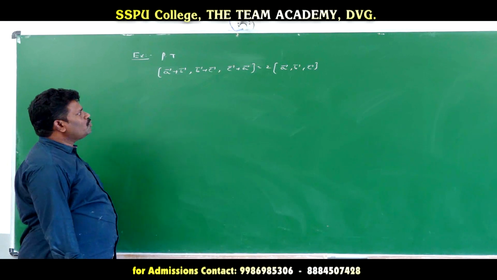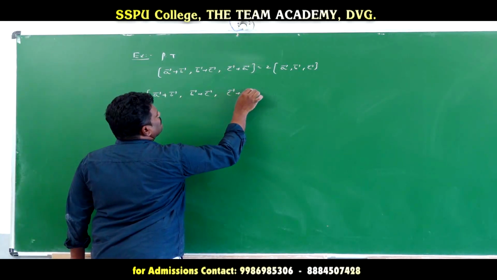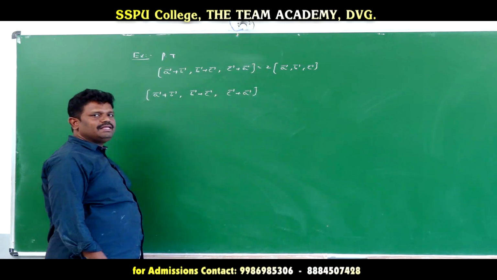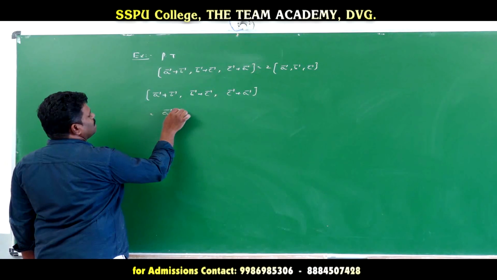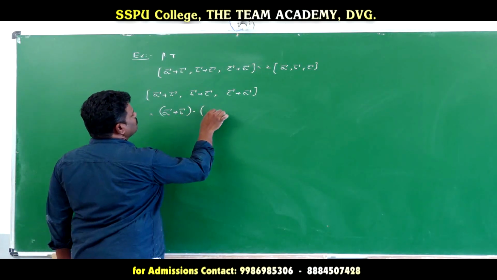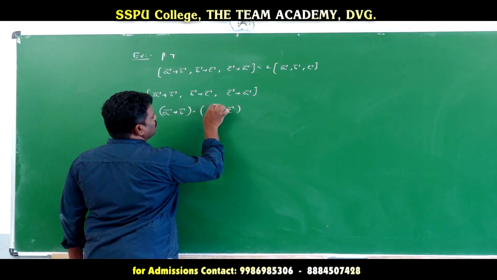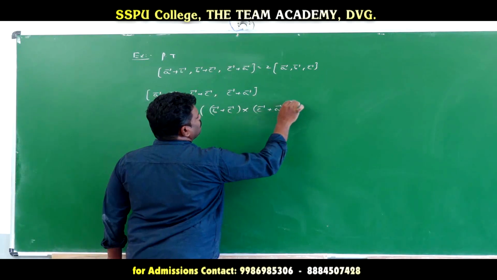Lambda equal to 0. This is a very important bit for CET: the box of b bar plus c bar, c bar plus a bar. Now we apply the scalar triple product, so box means a bar dot b bar plus c bar, cross c bar plus a bar.